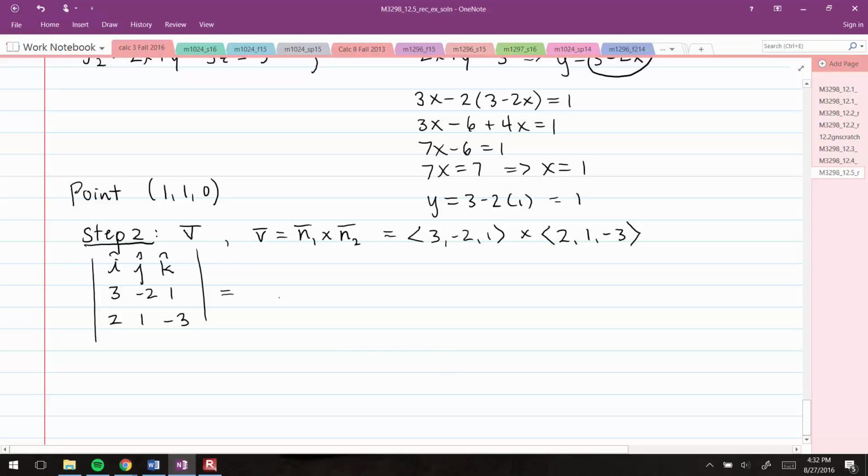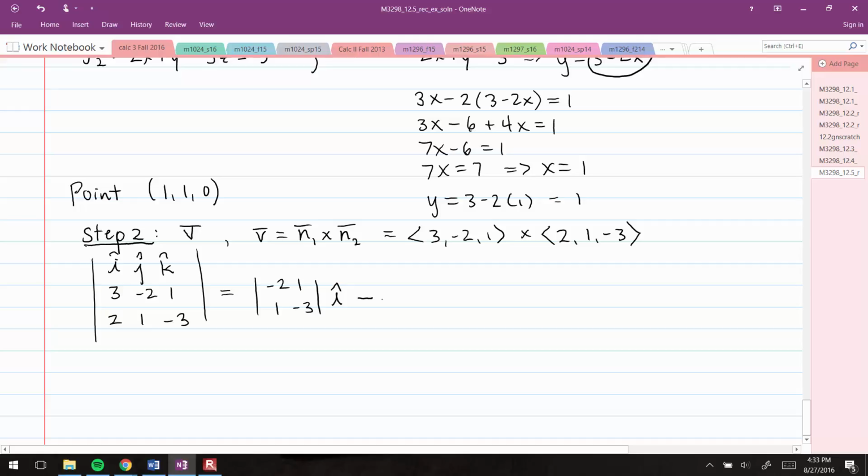If we do this covering, you can get some 2x2 matrices that we find the determinant of. For the i, you cover underneath the i, which would be the 3 and the 2, and then you take this part as your 2x2. Just a reminder, that's -2, 1, 1, -3 for the i component. That notation means we need to find the determinant of that.